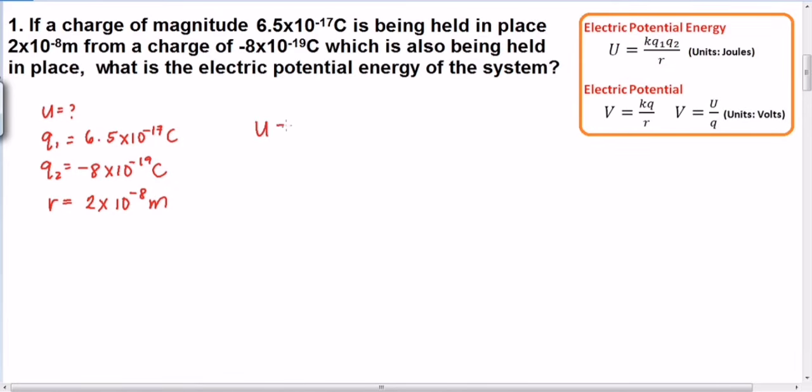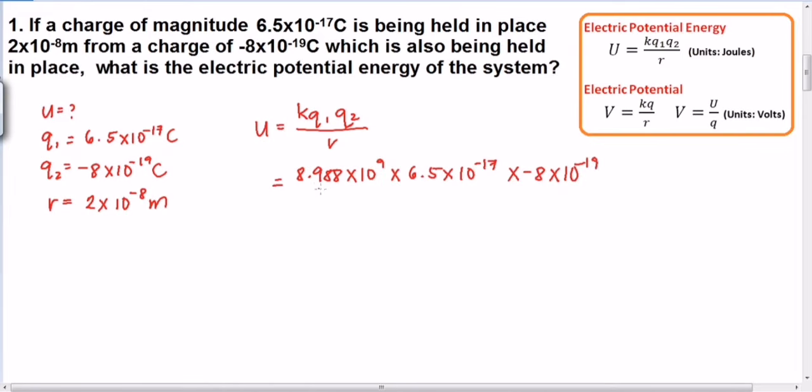So, we will have U is equal to K, Q sub 1, Q sub 2 over R. And then, salpak nyo lang. So, 8.988 times 10 raised to 9 times Q sub 1 natin is 6.5 times 10 raised to negative 17 times Q sub 2 is negative 8 times 10 raised to negative 19 all over yung R natin na 2 times 10 raised to negative 8 meters.